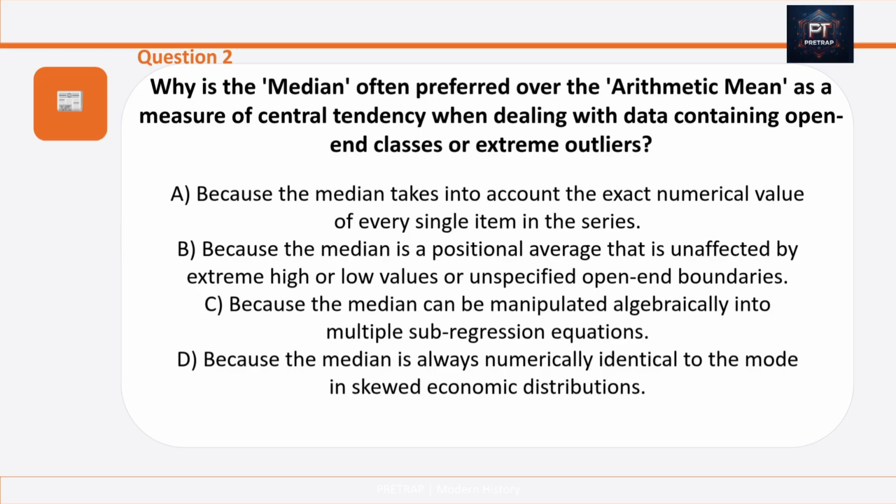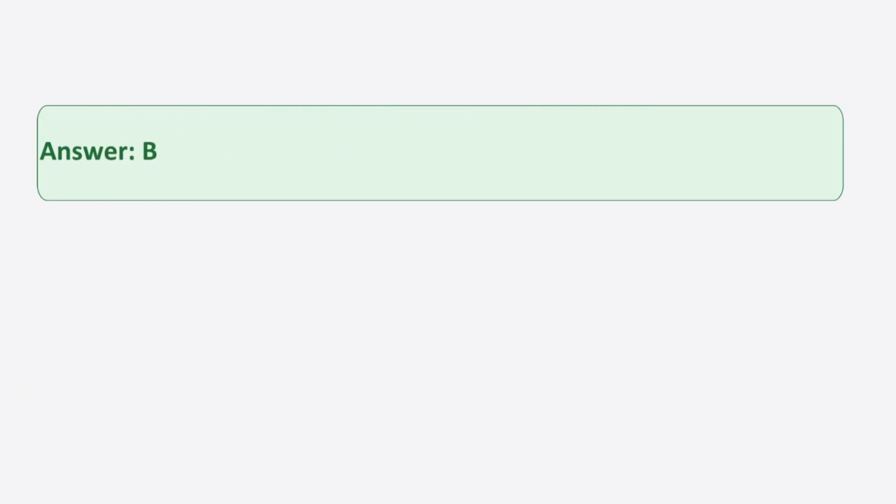Option C, because the median can be manipulated algebraically into multiple sub-regression equations. Option D, because the median is always numerically identical to the mode in skewed economic distributions. And the answer is option B.